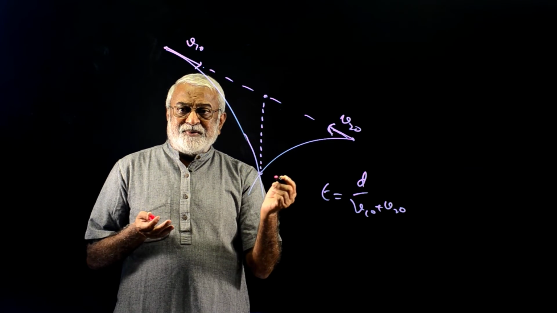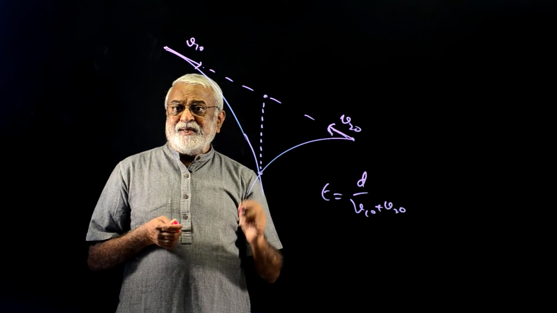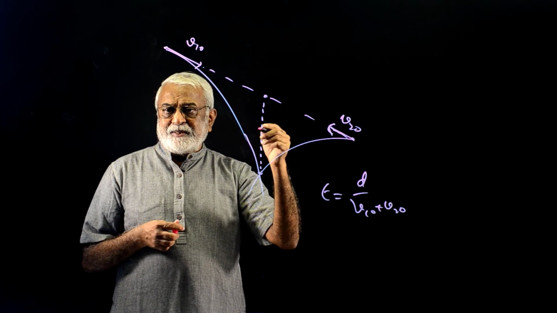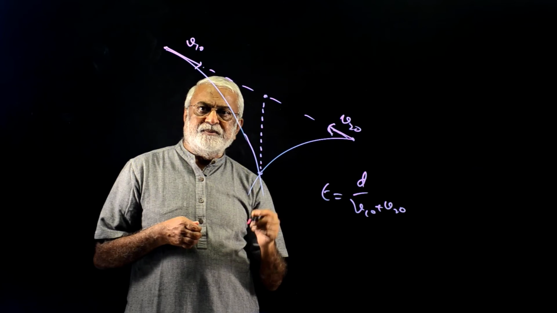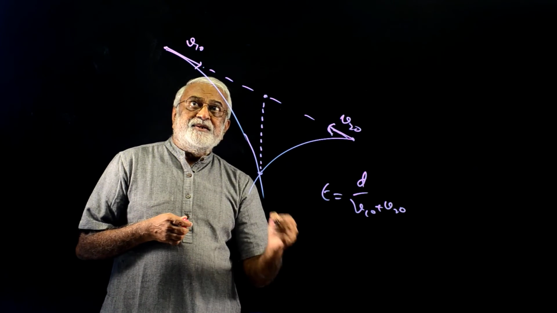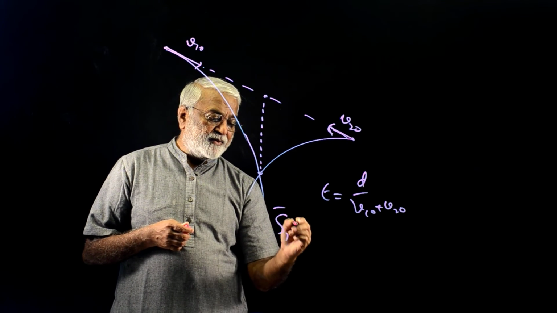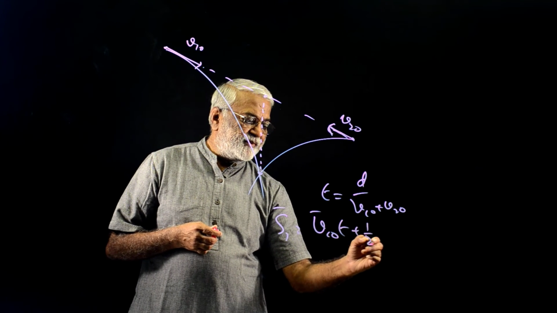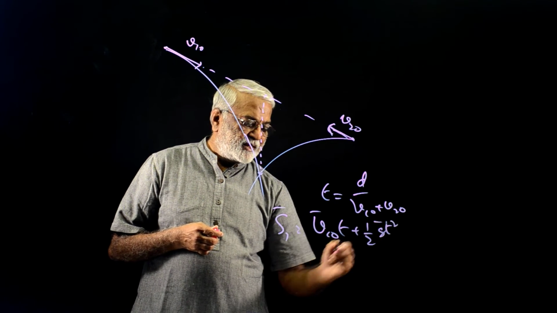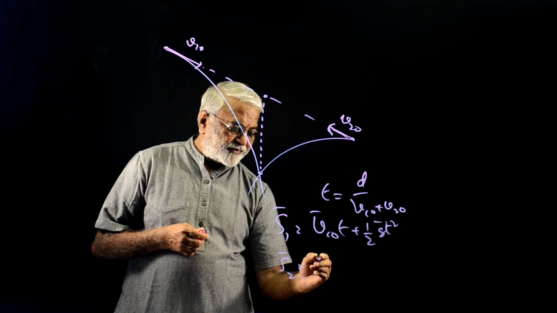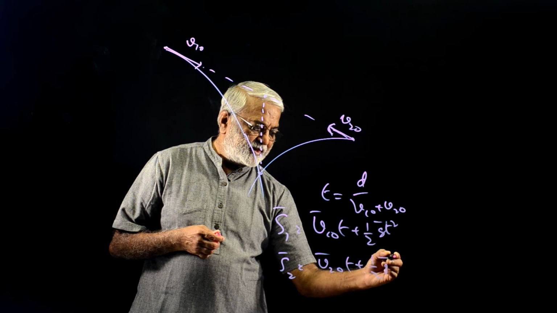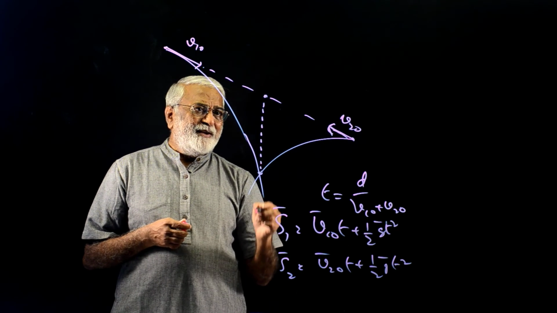So again, what are we saying? Gravity is making them fall by half g t squared from the position where they would have been in the absence of gravity. So if you write S1 bar equals V1 0 bar t plus half g bar t squared, S2 bar is V2 0 bar t plus half g bar t squared. And what is that half g bar t squared?